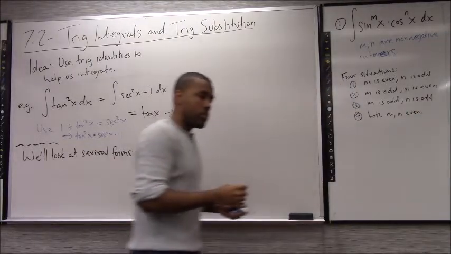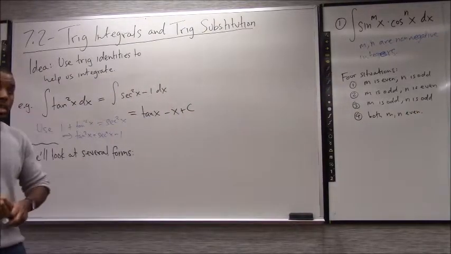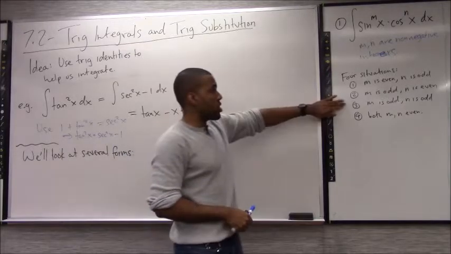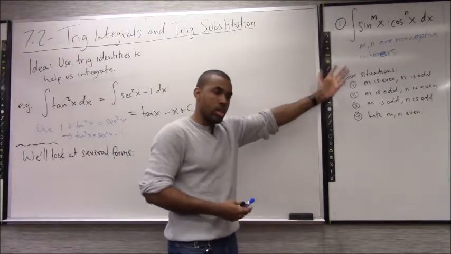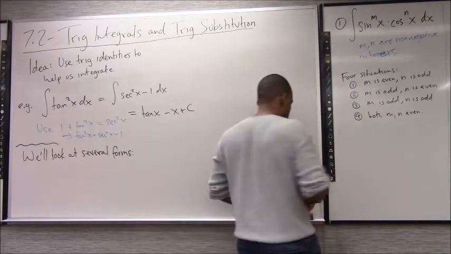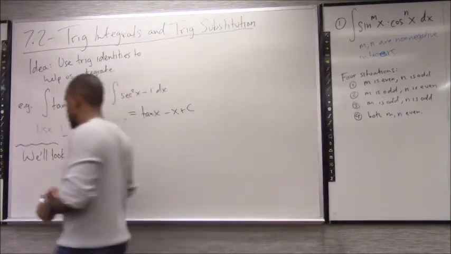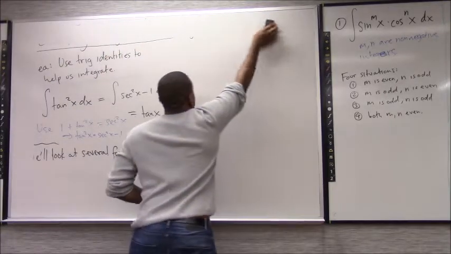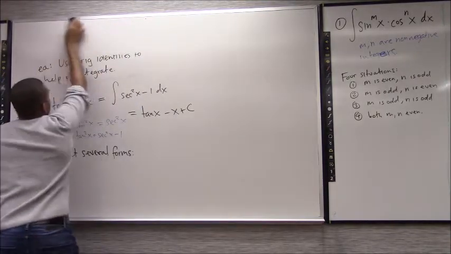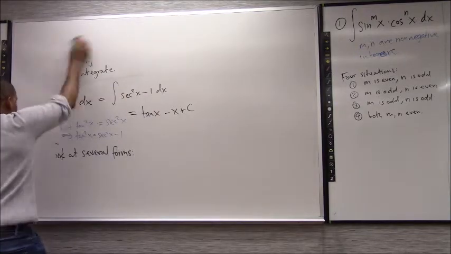Now there are going to be different identities that we use for each of these cases, and for the third case we can use either method from the first or second case, but there's going to be a way that applies easier. So that's the first kind of thing. If we have a product of sines and cosines, how do we integrate them? Well, it's based on how the powers relate to each other.